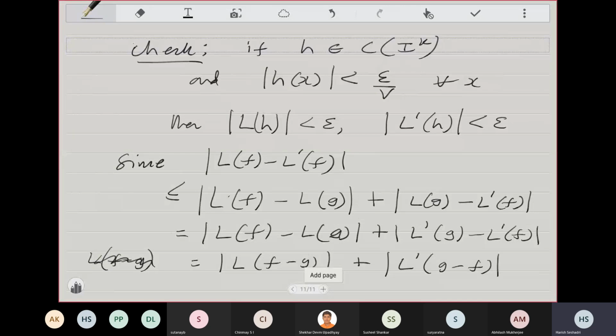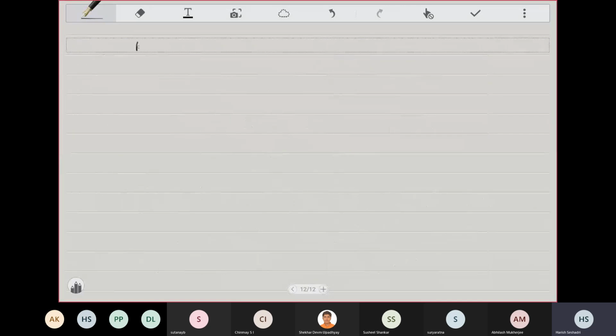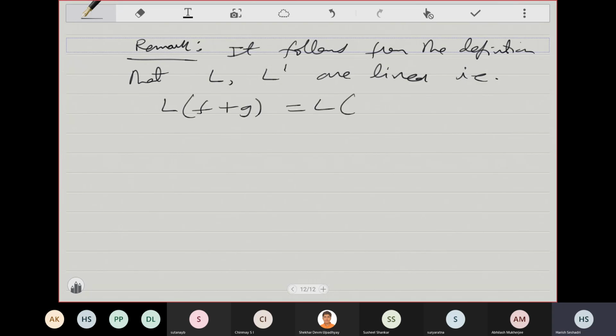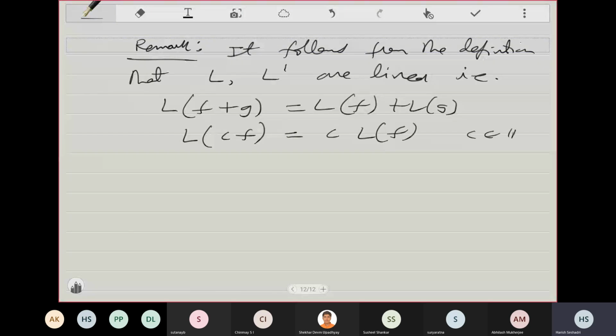So again, I will mention this remark. It follows from the definition that L and L prime are linear, i.e., L of f plus g is Lf plus Lg, and L of constant times f is constant times L of f for any constant.